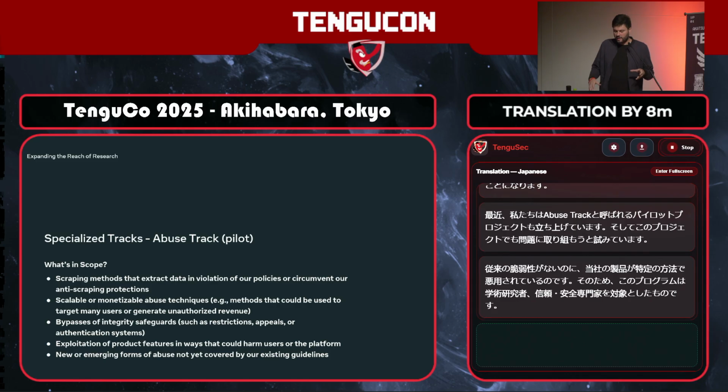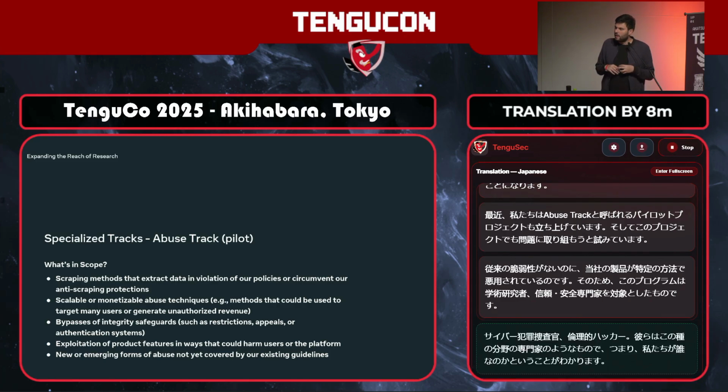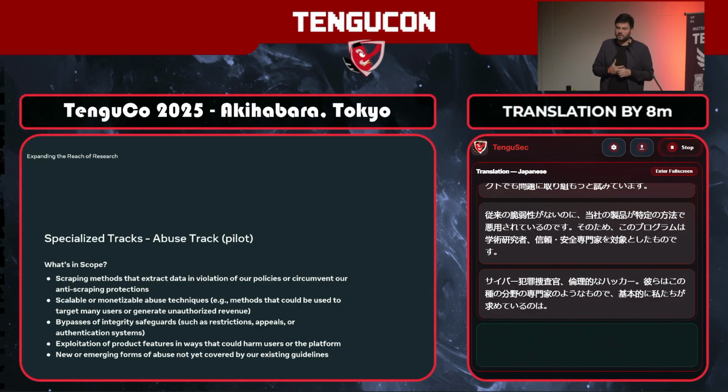Basically, what we are looking for is ways to scrape our data at scale, or to abuse certain products in order to do some malicious activity, phishing campaigns, all these kinds of things.